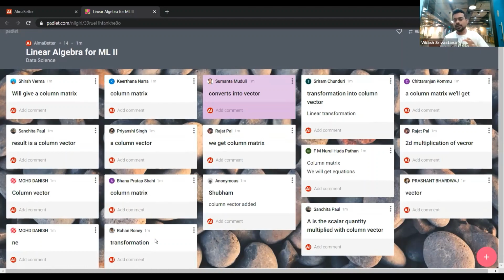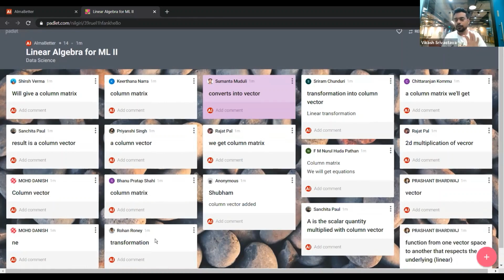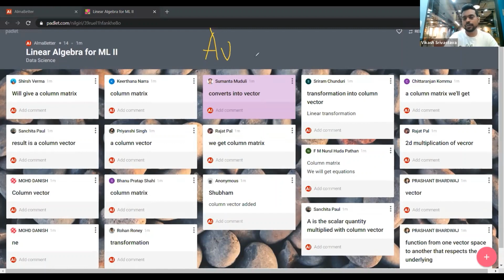So whenever you think of a matrix, and let's say you multiply a matrix with a vector, I wrote something like A V, and let's say A was 1 4 2 3, and this vector was 1 0.